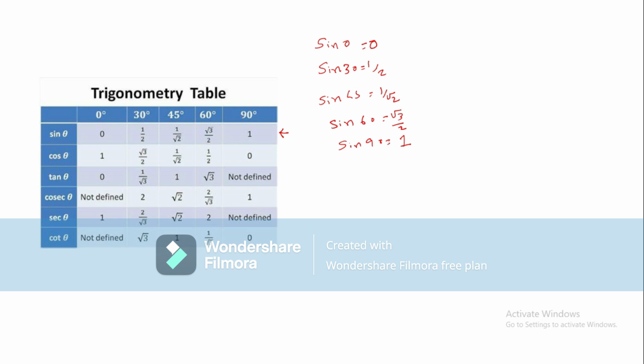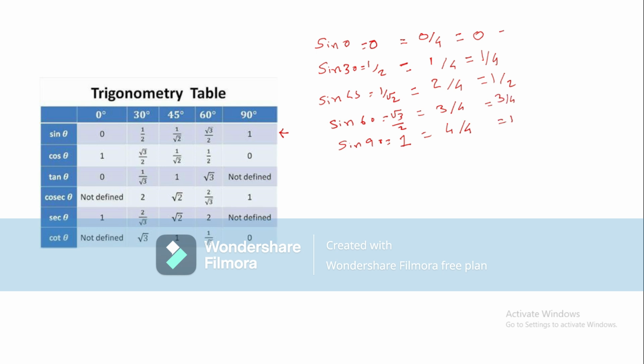Now, how will we remember these values? The trick is that first we need to write 0, 1, 2, 3 and 4. We need to divide all these values by 4. So, 0 by 4 is 0, 1 by 4 is 1 by 4, 2 by 4 is 1 by 2, this is 3 by 4 itself and this is equal to 1.